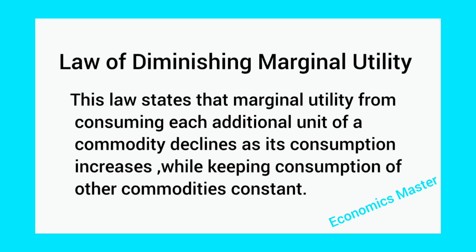This law states that the marginal utility from consuming each additional unit of a commodity declines as its consumption increases, while keeping the consumption of other commodities constant. We already discussed that marginal utility from the additional unit of a commodity declines, and the negative sloping marginal utility curve.